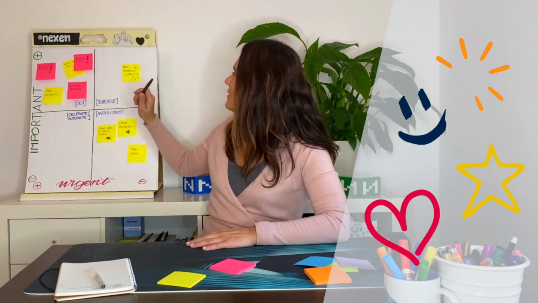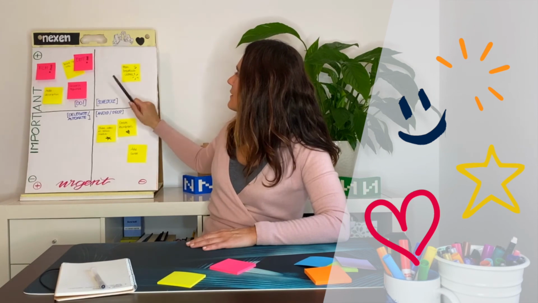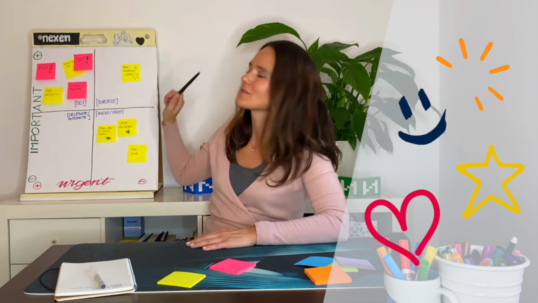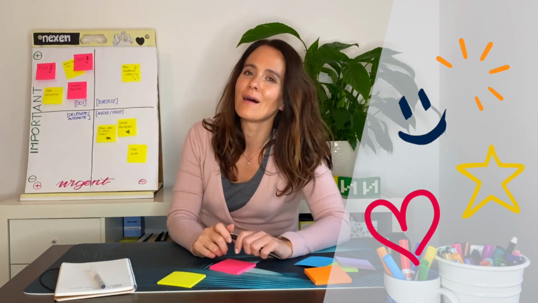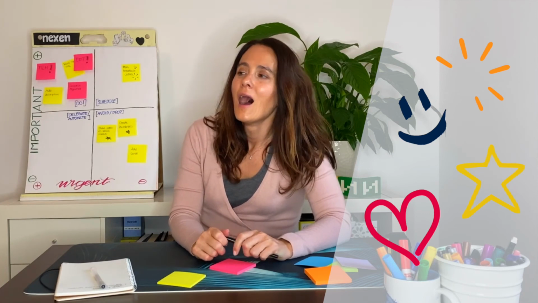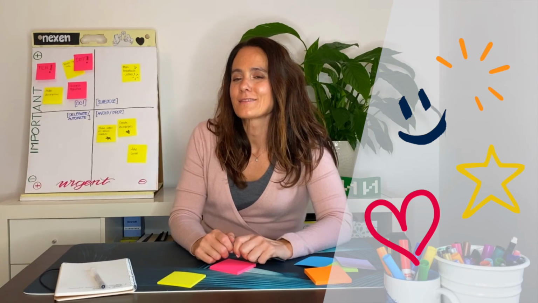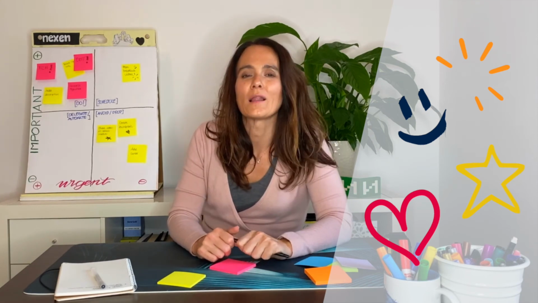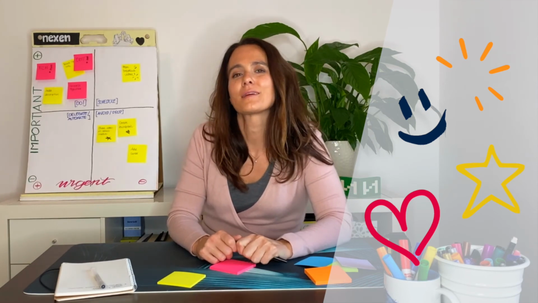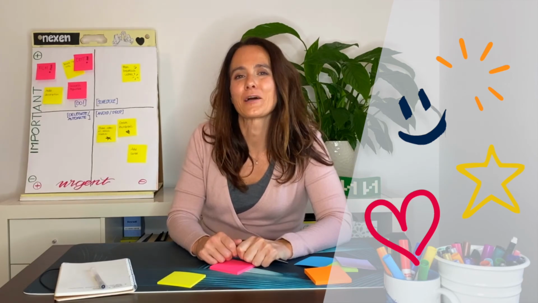And here I've just added a little smiley and some rays of sun to the point where I know that I might feel the pressure and try to procrastinate. So that's just a way to smile at myself and say, you know what, take it easy and just do one step at a time.